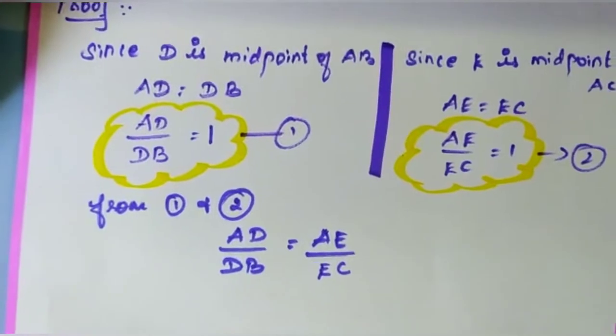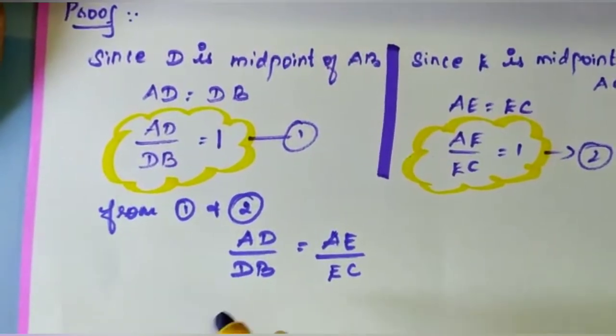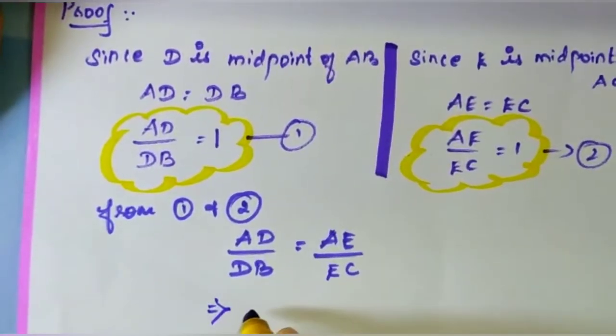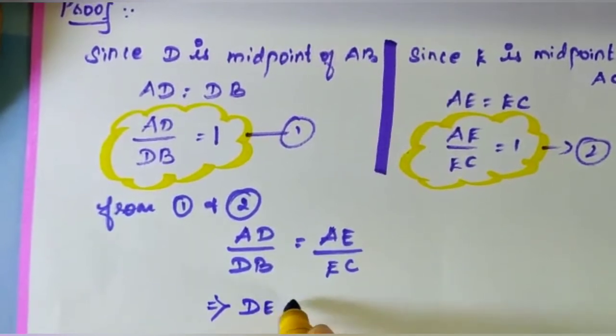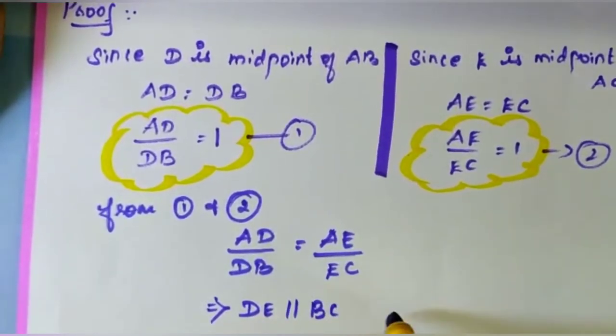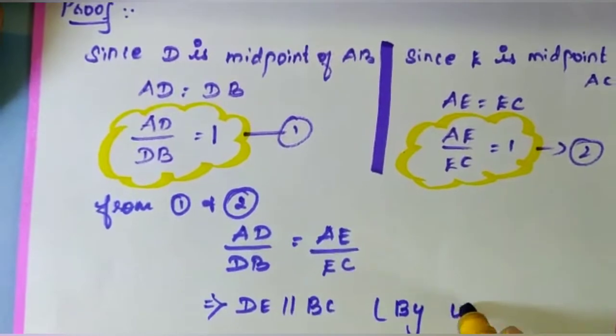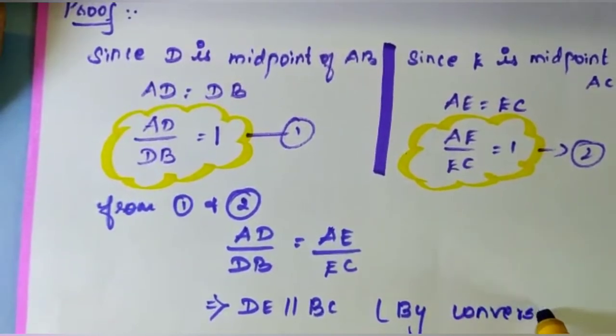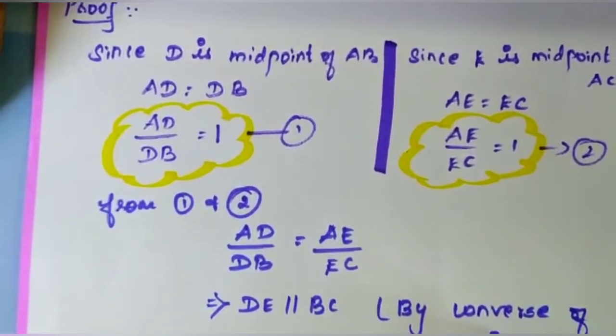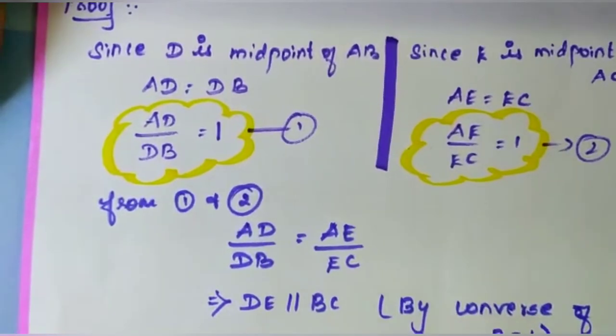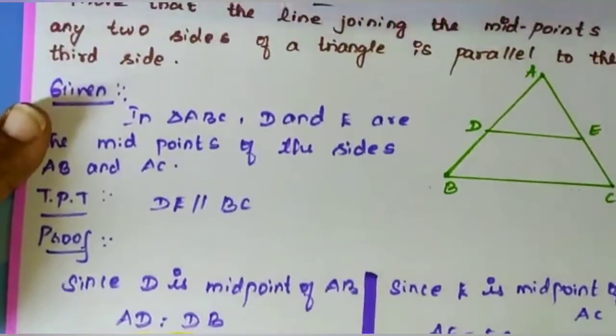So we can conclude that DE is parallel to BC by the converse of BPT theorem. Clear, all of you? Thank you.